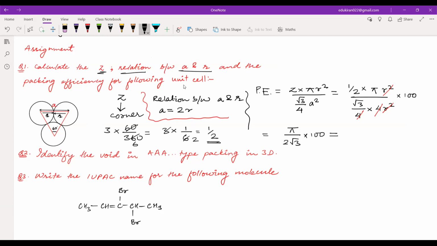I hope you have calculated this previously also. 90.68 this will be equal to. Yes or no? All of you? Calculate this and see. It will be 90.68.